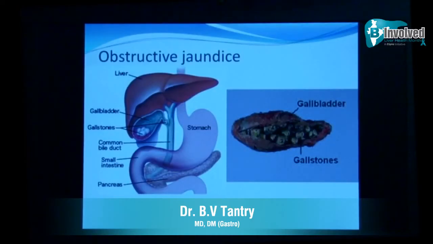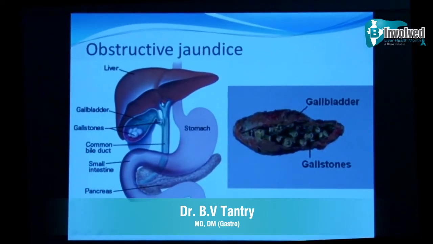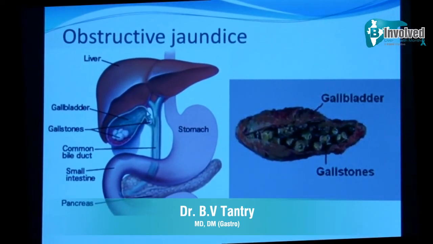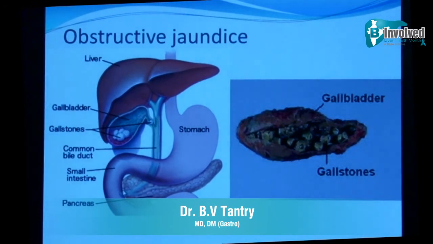What is obstructive jaundice? Now we have seen two types of jaundice, prehepatic jaundice and jaundice caused by liver disease. There is a third type of jaundice which occurs because of an obstruction to the flow of bile, and this type of jaundice is known as obstructive jaundice because there is an obstruction to the flow of the bile. So this bile flows from the liver into the intestine.